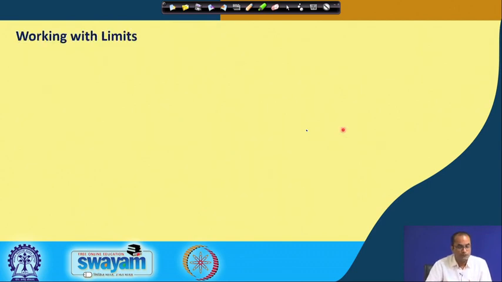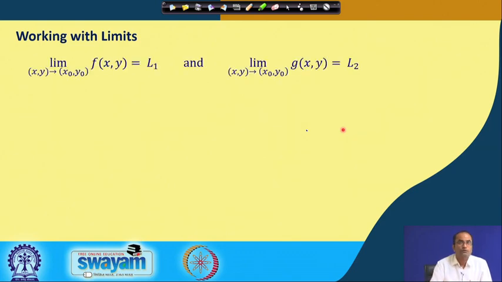So, now a few remarks on working with limits. If the limit of f(x,y) as (x,y) goes to (x0,y0) is L1, and the limit of g(x,y) is L2, then we can compute k times f(x,y), which will be k times the limit of f(x,y) as (x,y) goes to (x0,y0), where k is a constant.